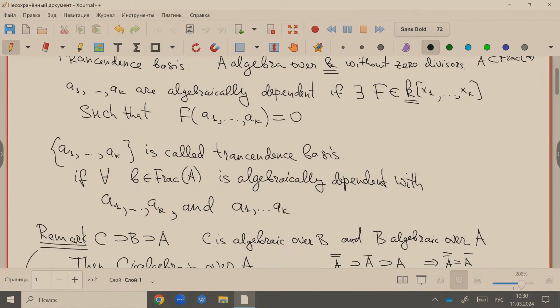So in the definition, A1, ..., AK are algebraically independent.